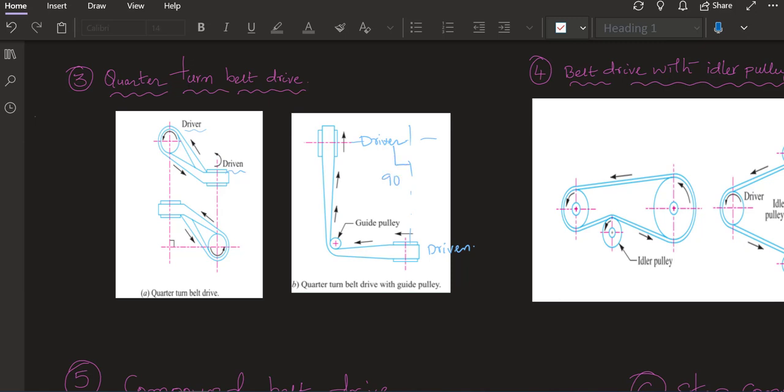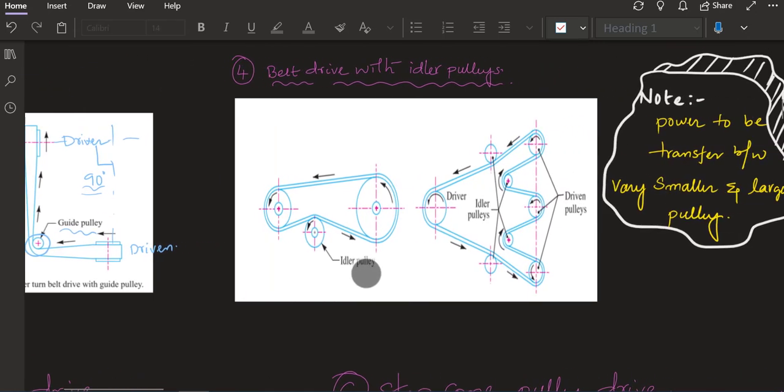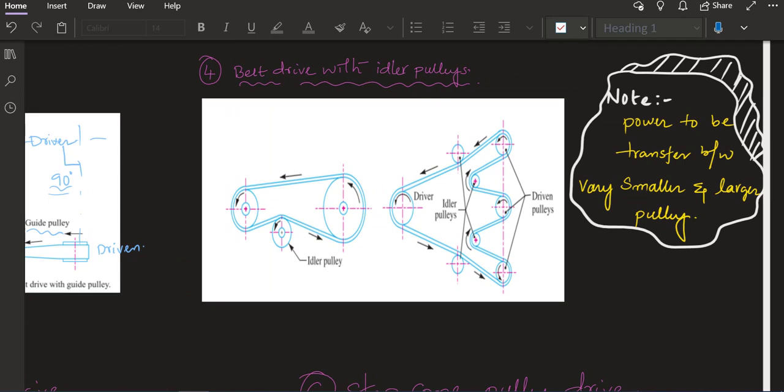If I extend the axis lines of both the pulleys, these two will make an angle of 90 degrees. And here you can see there is a guided pulley. The main purpose of a guided pulley is to provide the required tension and the required angle. By using a guided pulley, a 90-degree turn can also be achieved in a flat belt drive, and this is also called a quarter turn belt drive.